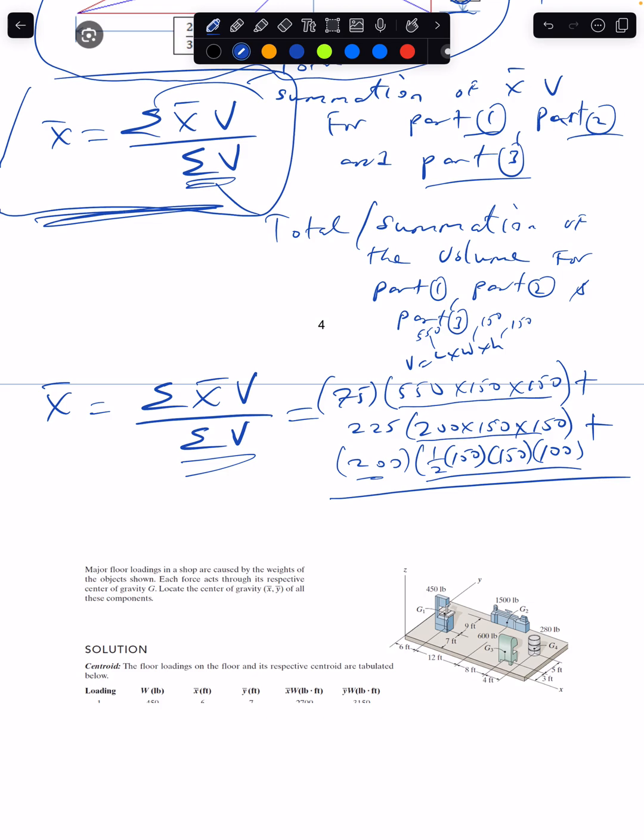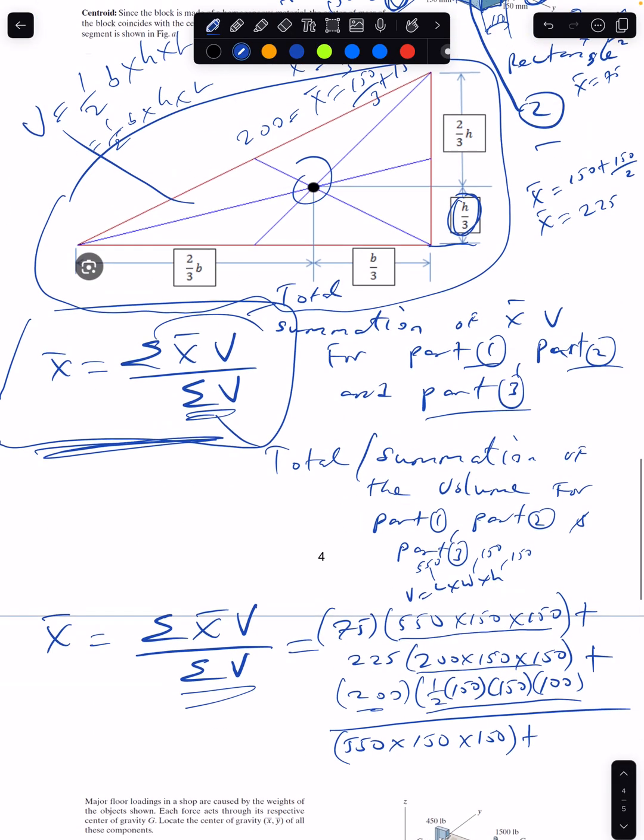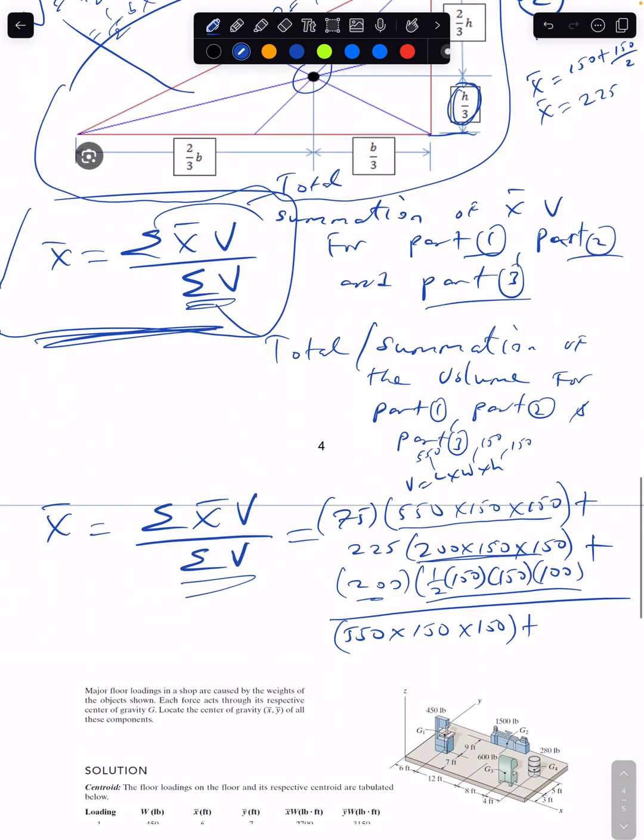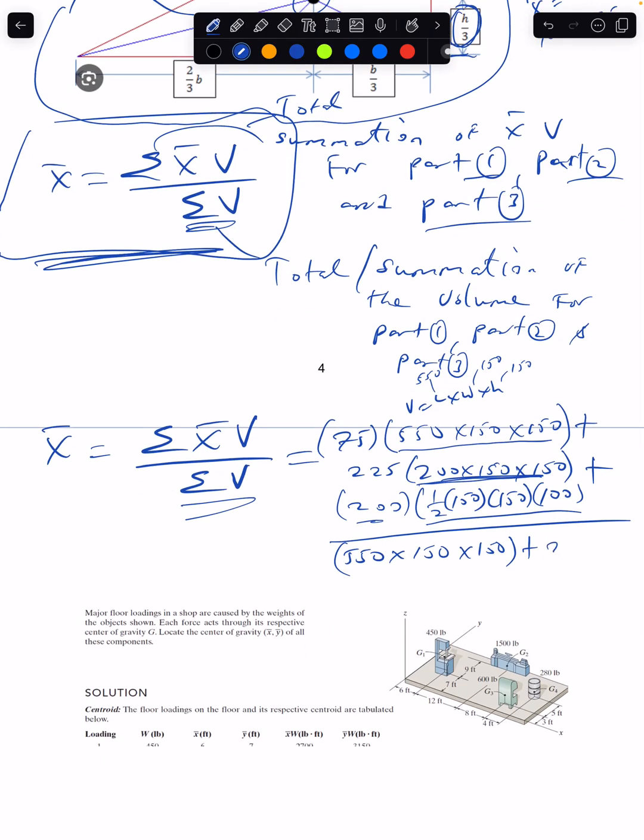And so it's very easy to write the sum of the volume. For the volume of part 1, I just have 550 times 150 times 150, plus, for part 2, the volume for part 2, I'm going to have 200 times 200 times 150 times 150.